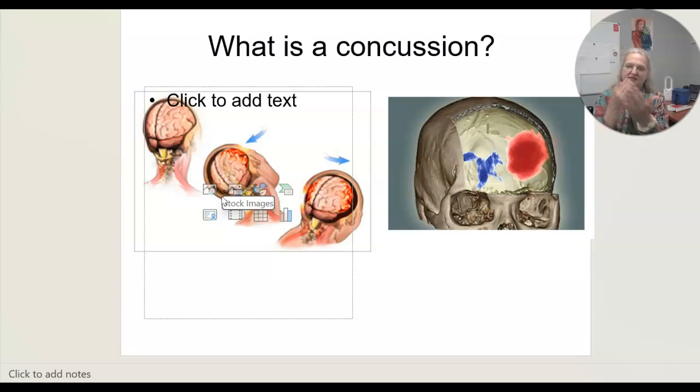But sometimes if you hit something really hard and you have something soft inside, say a fluid space, that can whack up against the side. Because the brain is soft and mushy, if you ever have a chance to hold one, you should, when it whacks up against the skull, which is hard, it can cause it to bruise, and that's what a concussion is. And it's very serious.